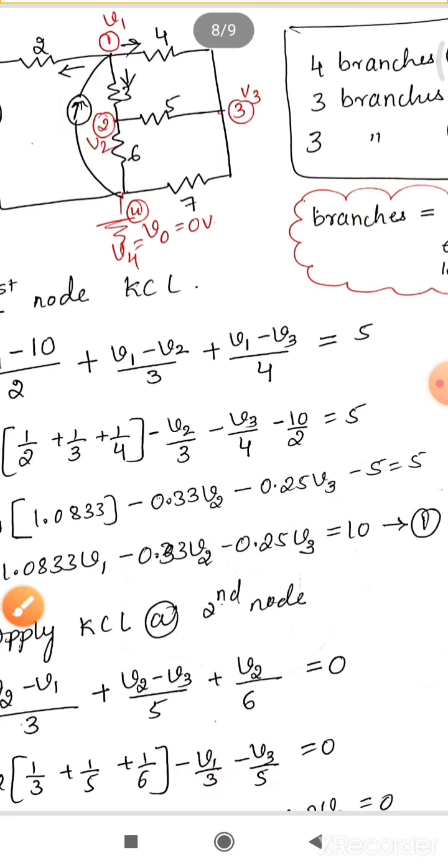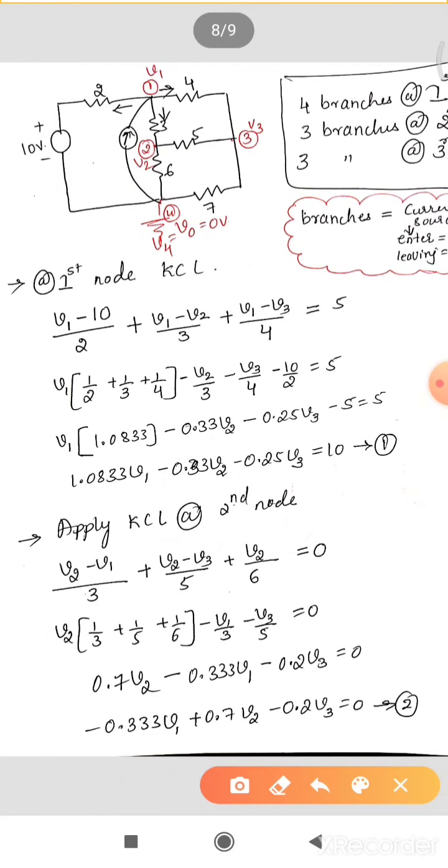Okay, next thing is simplification. What we can do is, in the next step, that is V1 minus 10 by 2 plus V1 by 3 minus V2 by 3 plus V1 by 4 minus V3 by 4 equal to 5. You can take that intermediate step. So then what we can do is, let's take V1 outside.